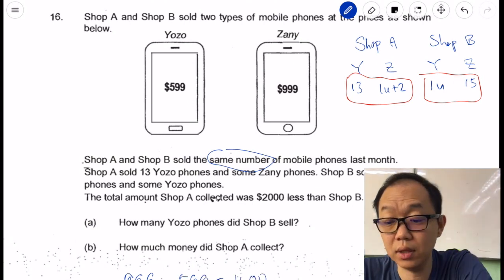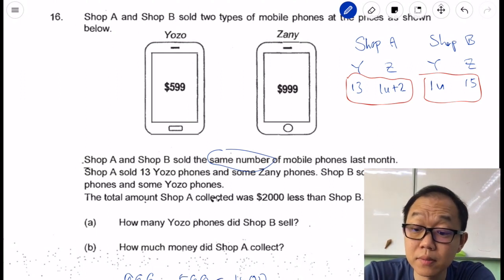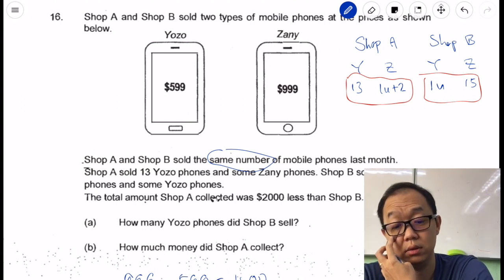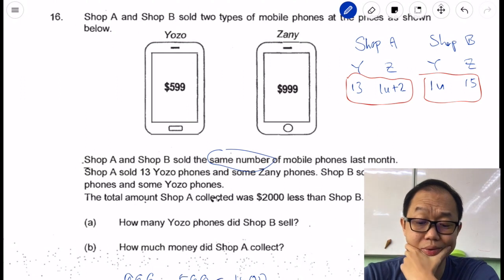So the difference is $400. Shop A sold 13 Yozo phones and some Zenny phones. Shop B sold 15 Zenny phones and some Yozo phones, 15 and 1 unit.